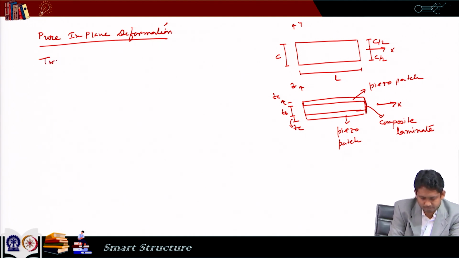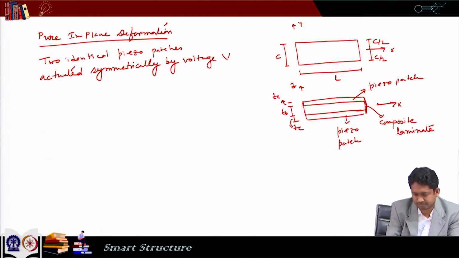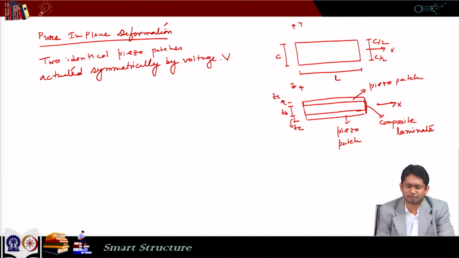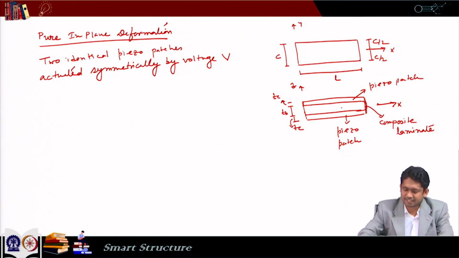And we have two identical piezo patches actuated symmetrically by voltage V. So, V top is equal to V bottom is equal to voltage V, and because they are actuating symmetrically, it will induce only in plane deformation.